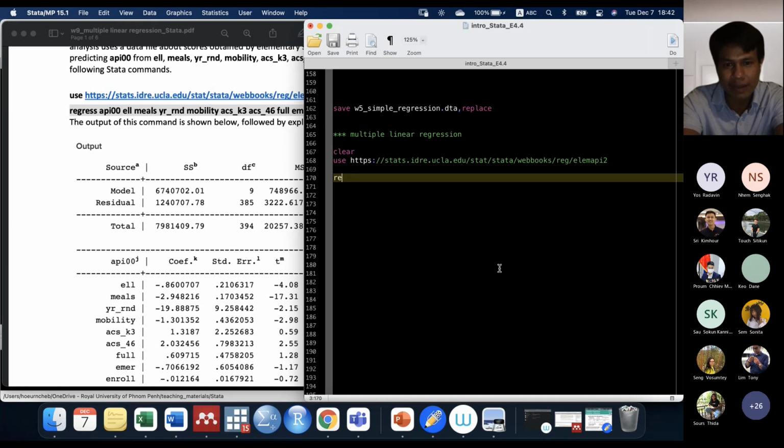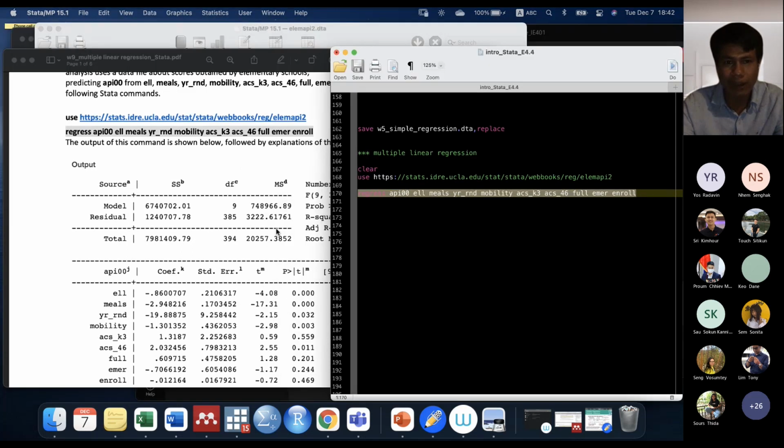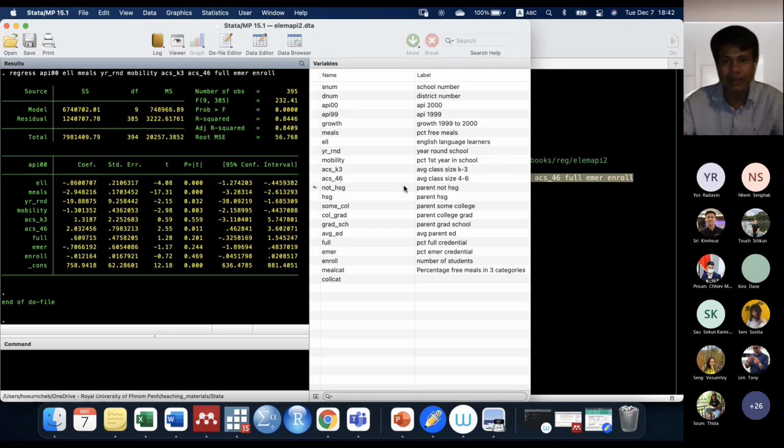Here I copy and paste in my do file. So regress api00 is my dependent variable, and the remaining are independent variables. After that, run, click do, then I obtain the regression result.